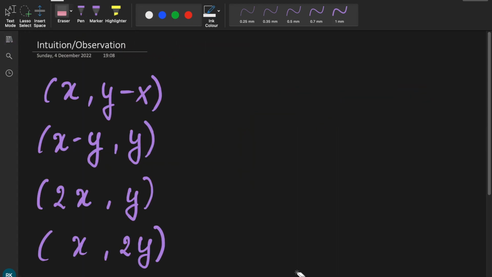What we are asked in the question is whether we will be able to reach tx comma ty or not. We are not asked how many steps or anything like that. So if we are not concerned with the number of steps, we can generalize these two steps as one step.